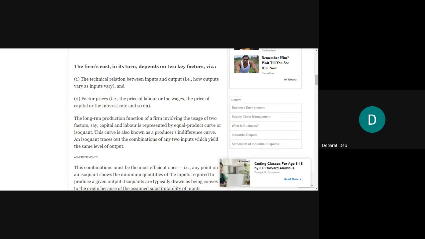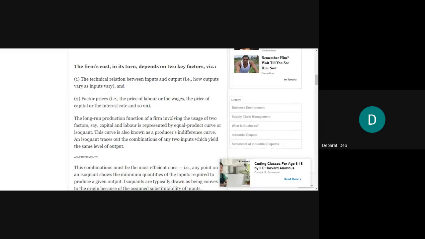And the second thing is factor prices. When you are using the term factors of production, these are nothing but the inputs that you are putting into producing that output. So what will factor prices mean? That is the price of labor, or the wages that you are paying every day to the labor. Then the price of capital.